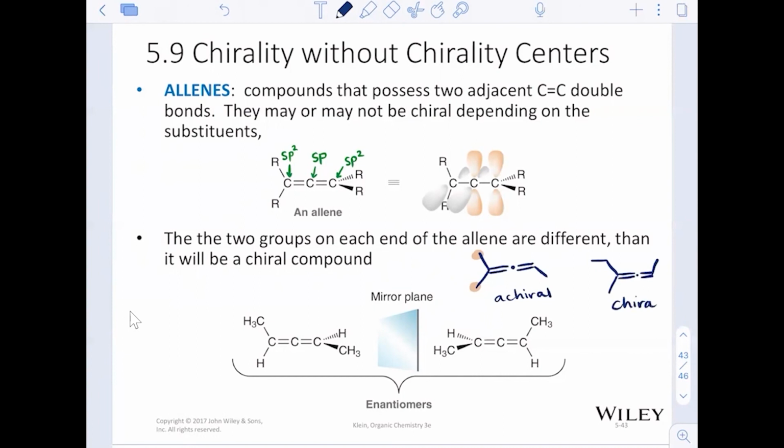Chiral. Nice. No R-ness denotations, no way of identifying. You can just identify chiral versus achiral. The chiral one that I drew on the right-hand side, the ethyl is different than the methyl, and the methyl is different from the hydrogen. So that's why there's different groups there.